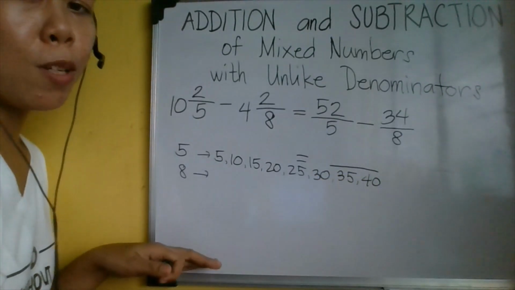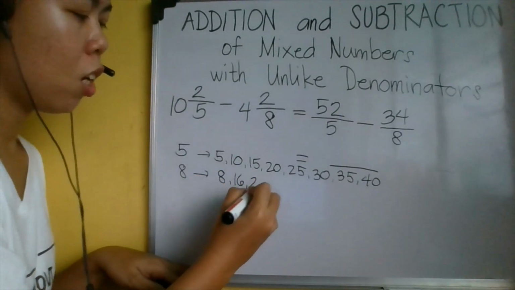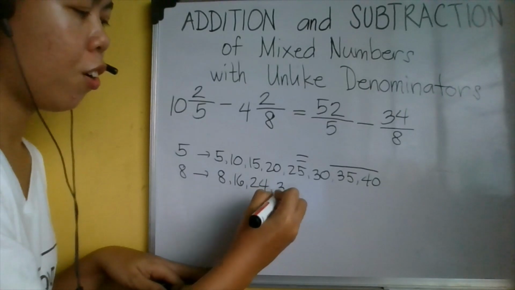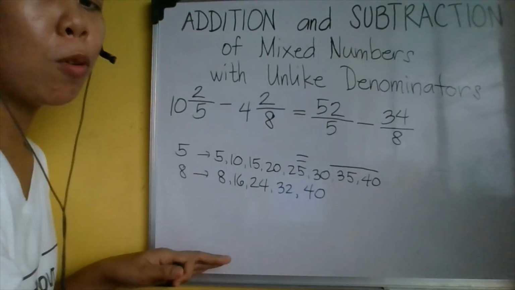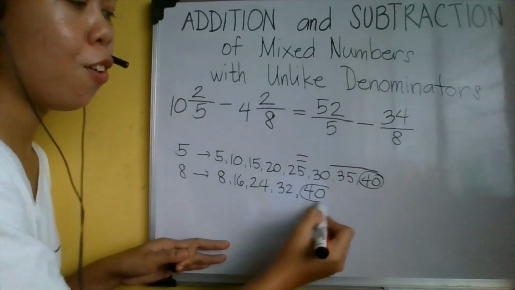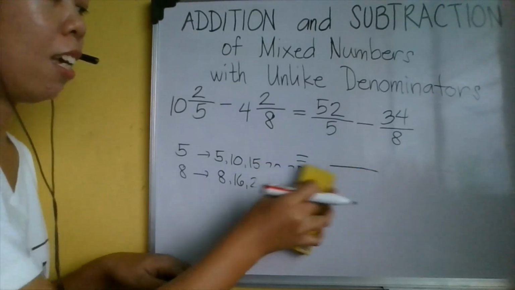Ang multiples ng 8: 8, 16, 24, 32, 40. So, yung ating least common multiple ay 40. So, therefore, 40 ay ang ating LCD.